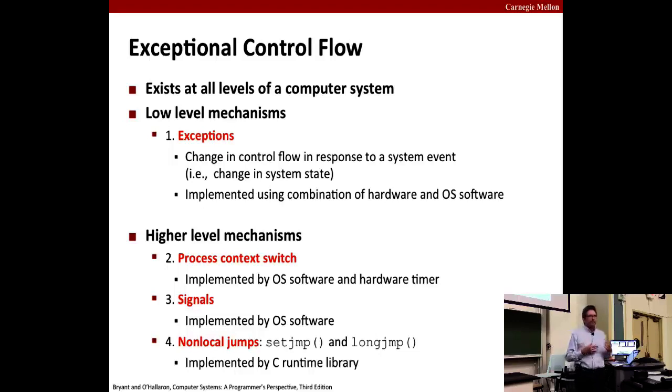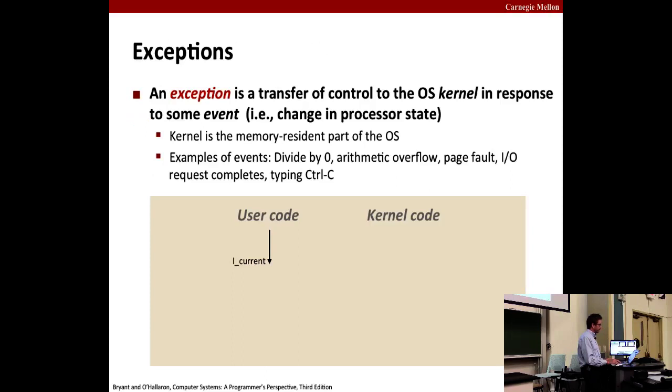Normally, from within a function you can only return to the function that called you. Non-local jumps allow you to break that pattern and return to some other part of the code. We'll look at signals and non-local jumps next lecture. Today we're going to look at exceptions and processes.